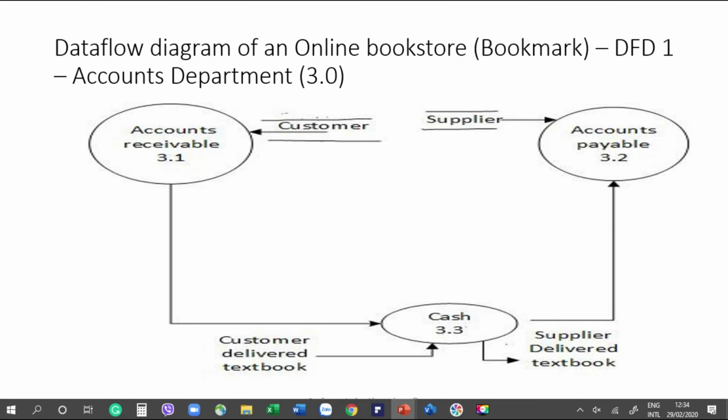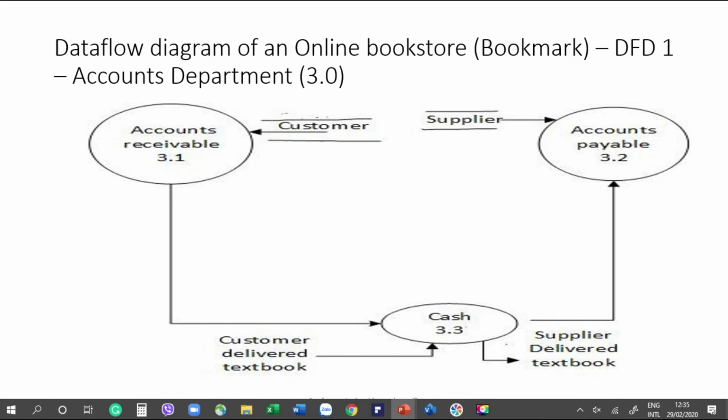The reason for that is that the customer delivered textbook part is in the sales process, so it becomes part of the sales sub process, and the supplier delivering the textbook gets connected to the purchasing process, and it can become part of the purchasing sub process.